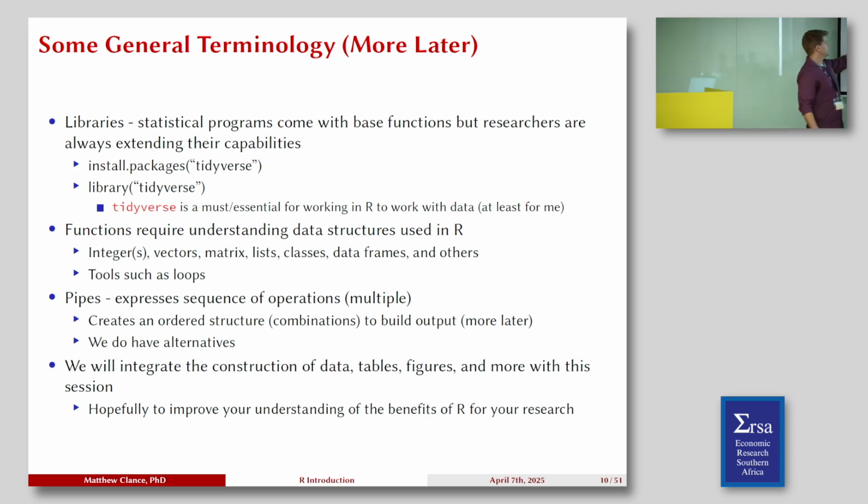One of the most important things here is something called pipes. Basically, it allows us to combine different functions, putting multiple operations together to save time. It's also a way of creating an ordered structure. It helps us understand not only our code, but also lets somebody else understand our code. We do have alternatives to this.